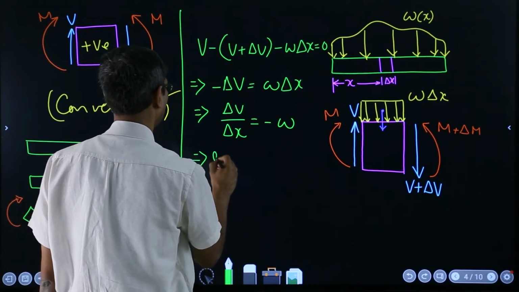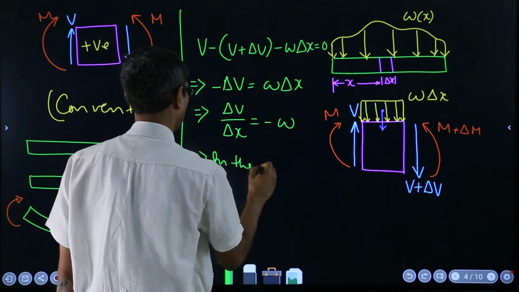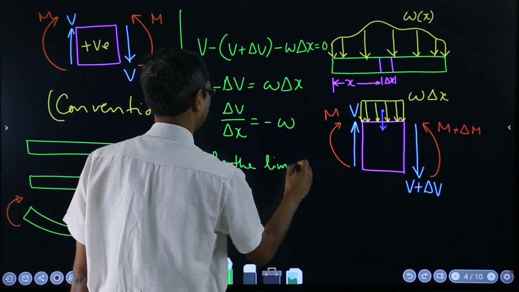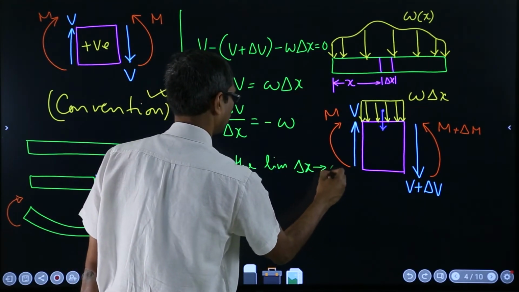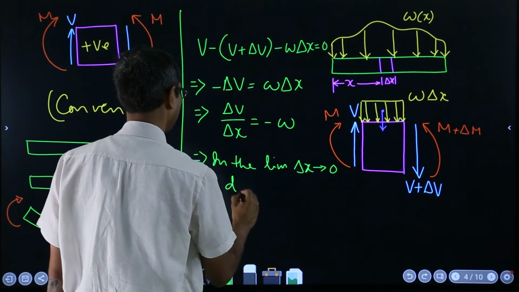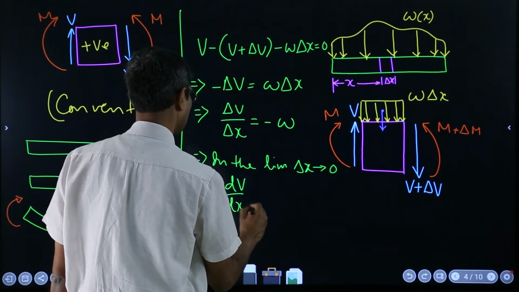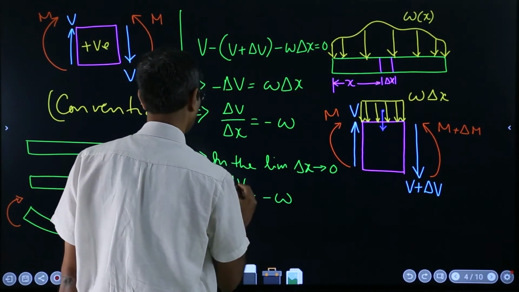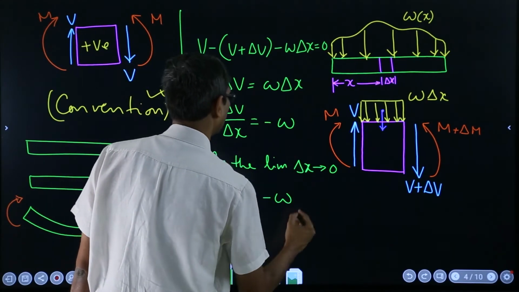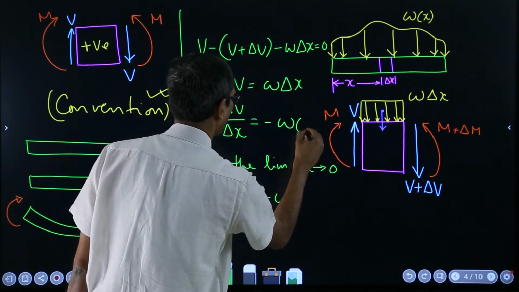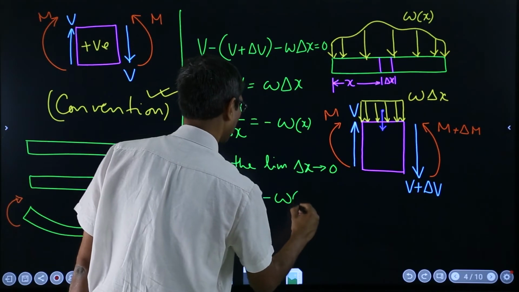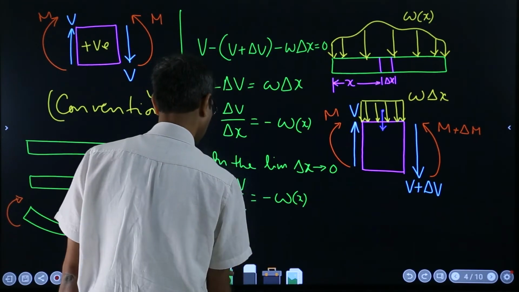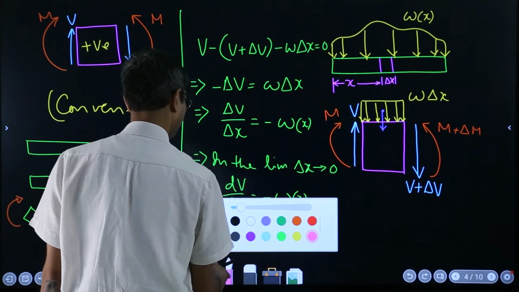So in the limit that delta x tends to 0, you have dV over dx is negative of the weight at that location, so I can also write it as a function of x, negative w of x, and that's the relationship.